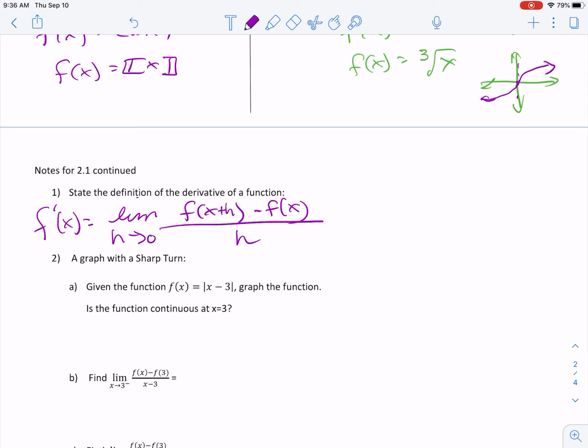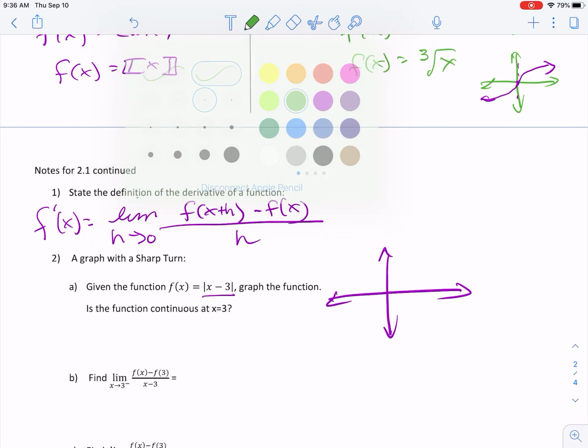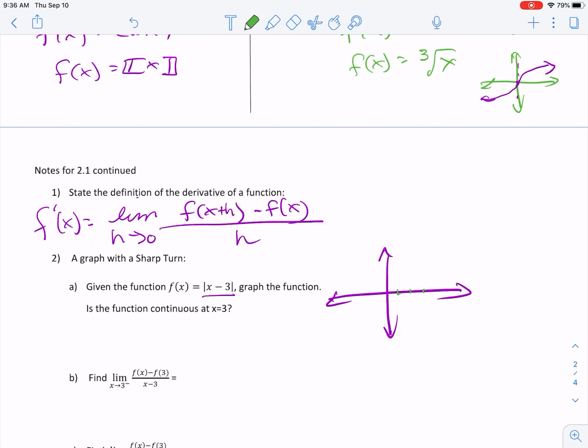All right, sharp turn. So absolute value graph, x minus 3, what happens to the graph? That 3 shifted it over to the right 3. If I want to take the derivative, f prime at 3, it does not exist, okay?